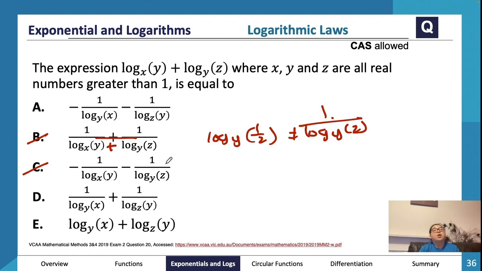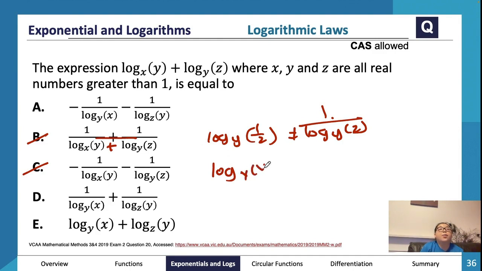Okay. Now we need to consider the changing of bases, because we've changed our bases for all of these. So what we're going to do now is try and change the base. We're going to pop the y at the top, and we need y and x to be together, so we might as well change the bases all to y here.